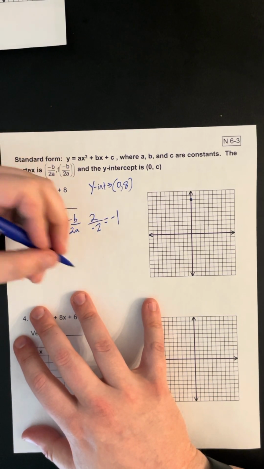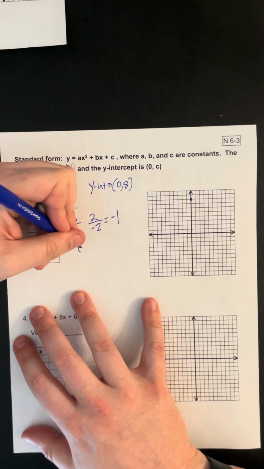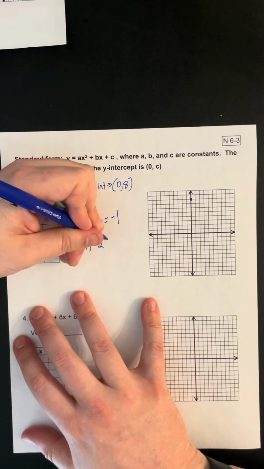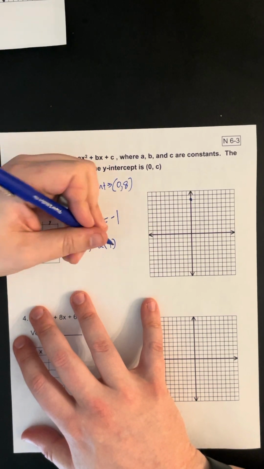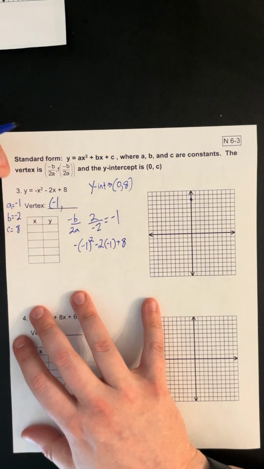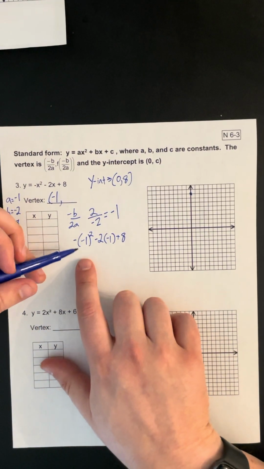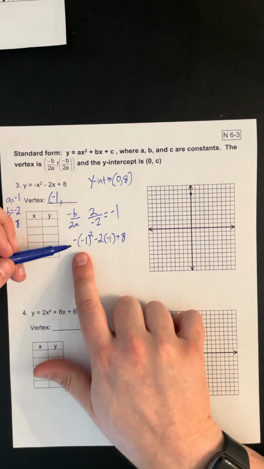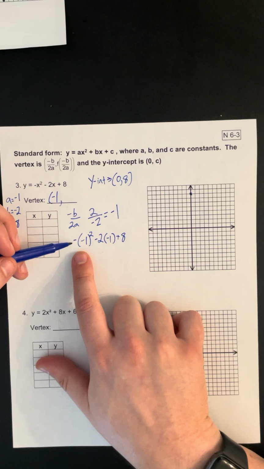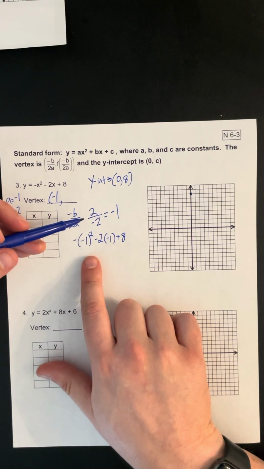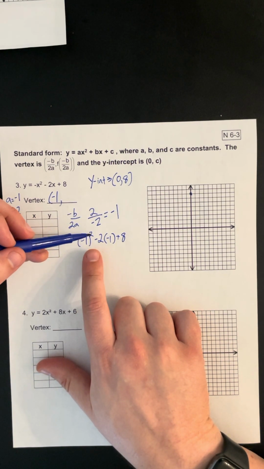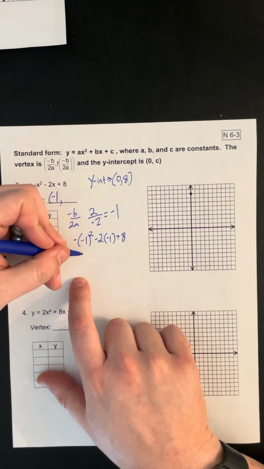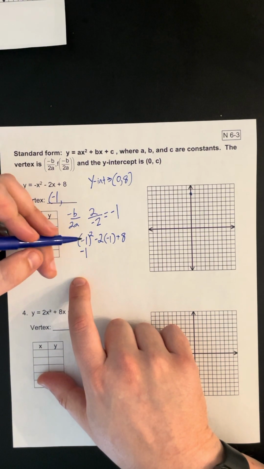So negative 1 squared minus 2 times negative 1 plus 8. Just remember when we're squaring this, that we're going to square the negative 1, and then this negative is going to stay outside until after it's squared. So negative 1 squared would be positive 1, but then we add that negative back to it, so that leaves me with a negative 1.